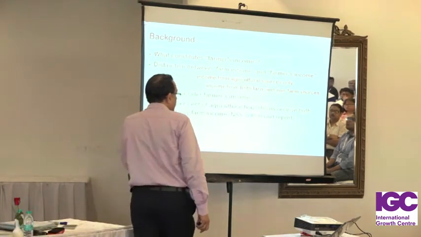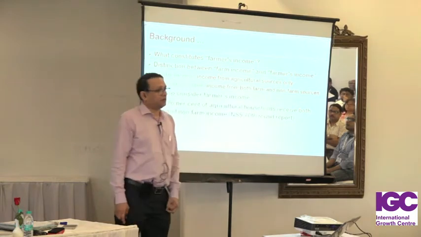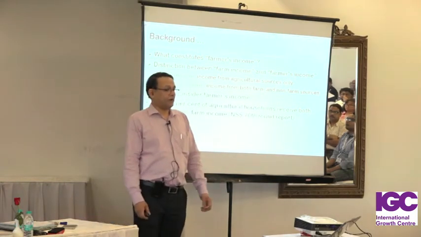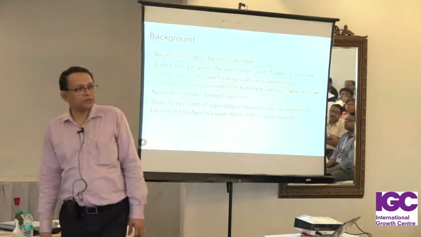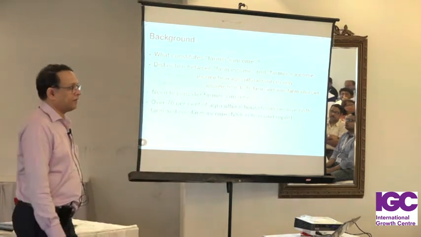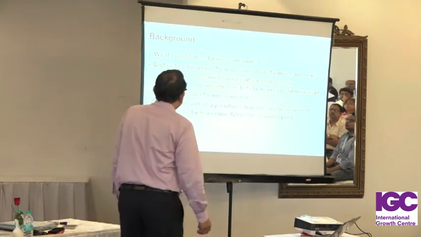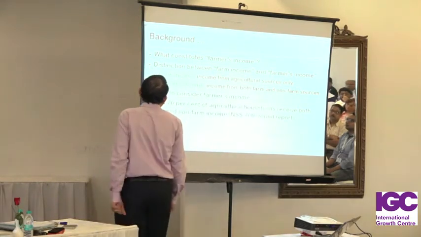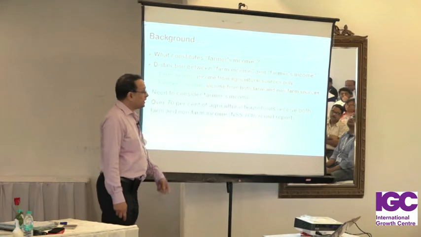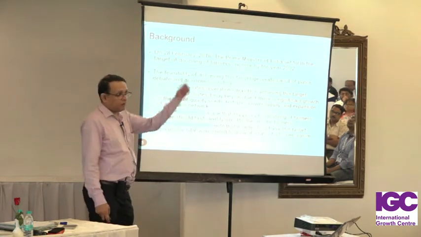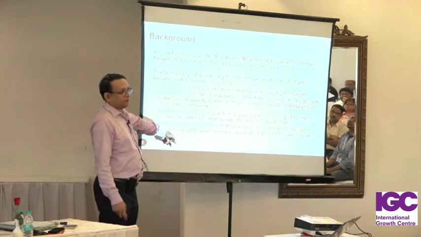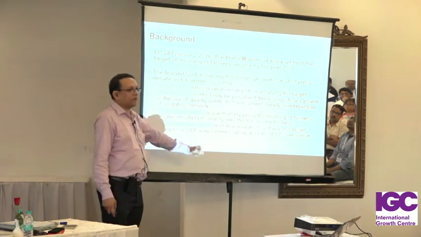Whereas a farmer's income is a different concept, because the farmer can also get income from non-farm sources, right? And therefore, if you are talking of farmer's income, you need to talk not just of the farm income, which is what all of them talked about.